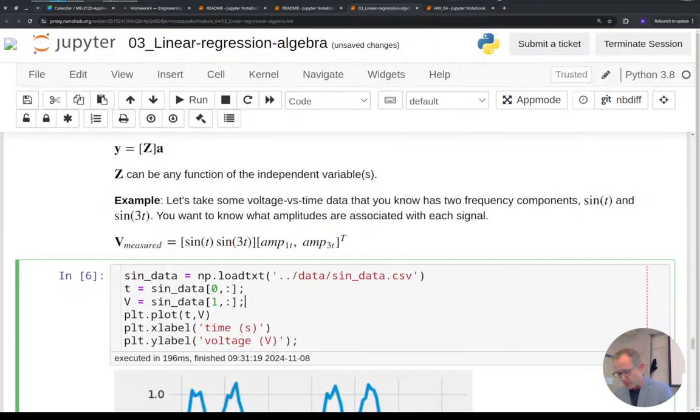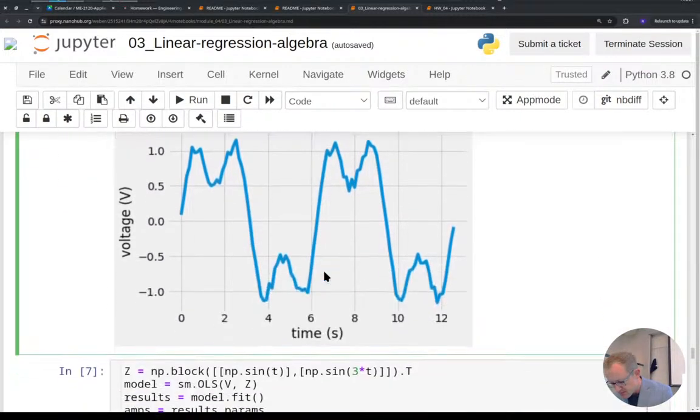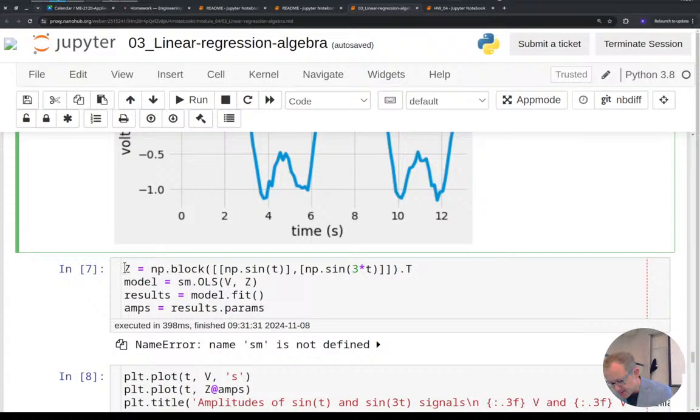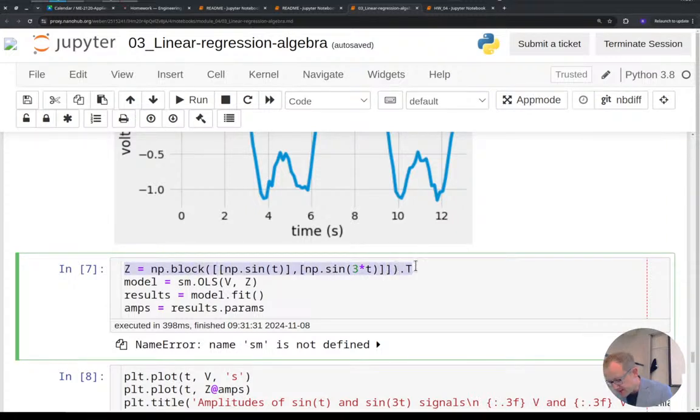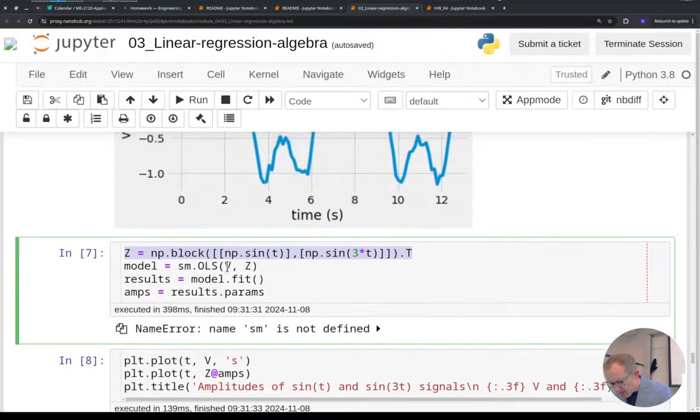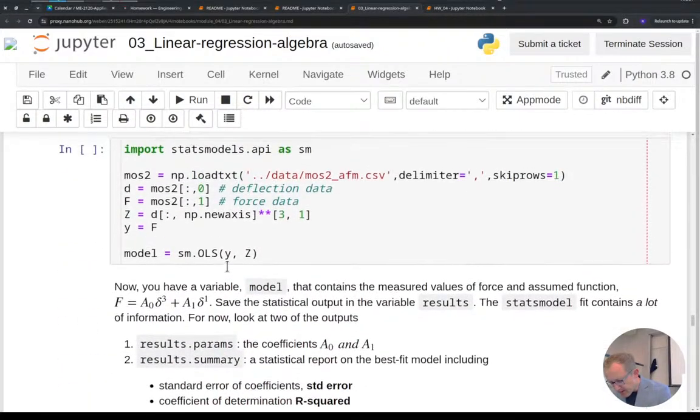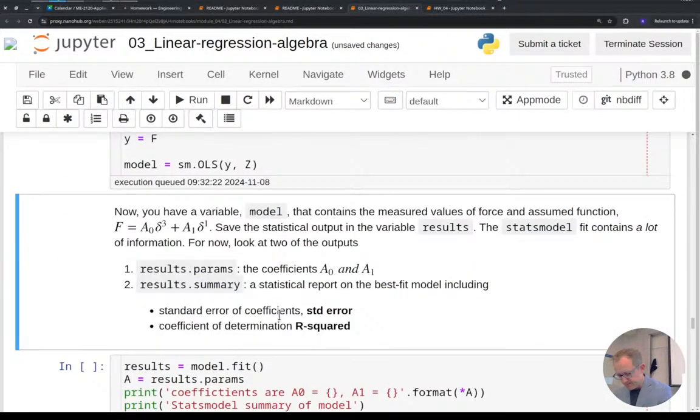You make it the same way. In this case, I'm making Z as sine of t and sine of 3t, where my first column is a frequency of 1 radian per second, and the next column is 3 radians per second. And now I've got to load in statsmodels, there we go. So that was the problem.